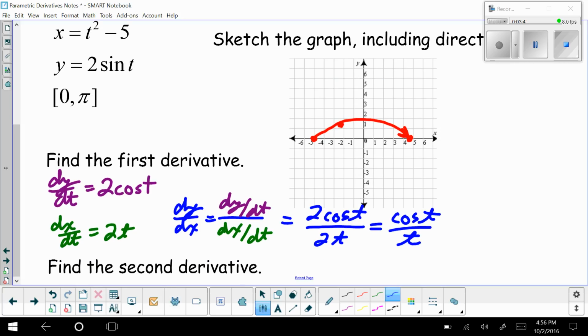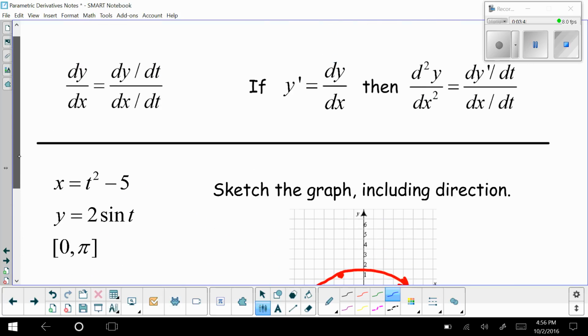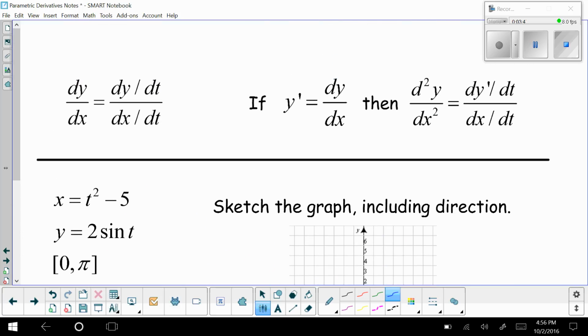And then second derivatives. Second derivatives in parametric form are not quite as simple as taking the derivative of dy/dx, because we have to remember, if we find the derivative of dy/dx, we're finding it with respect to t, and that would actually give me d/dt of dy/dx. And I don't want that dt there.